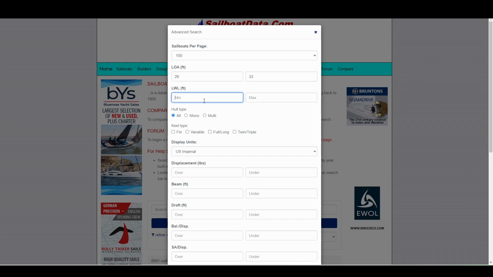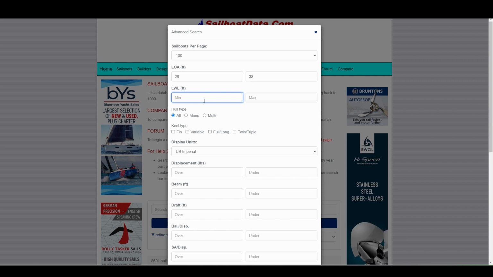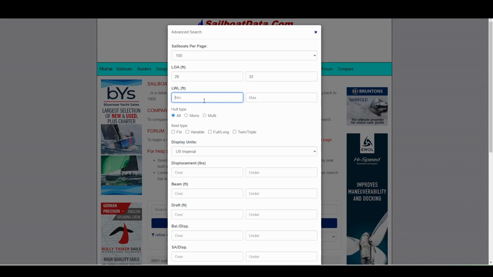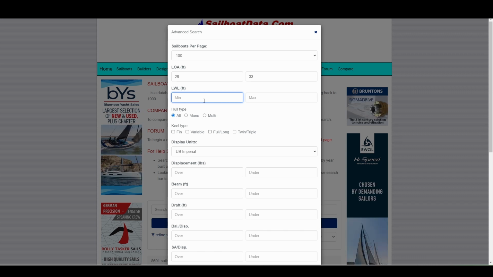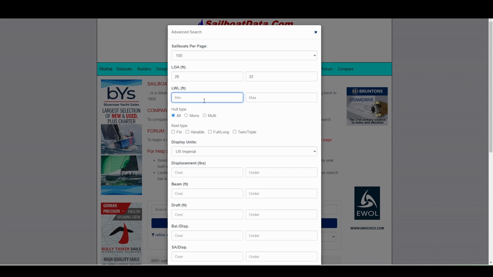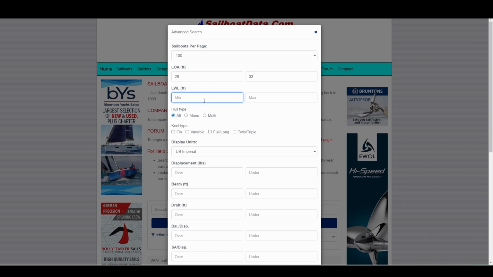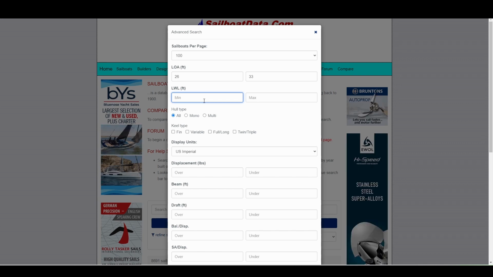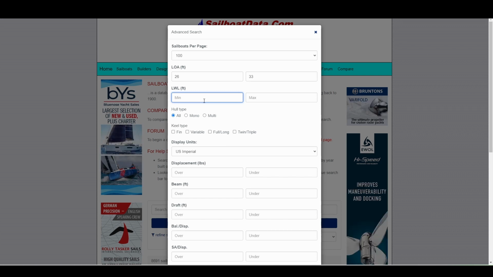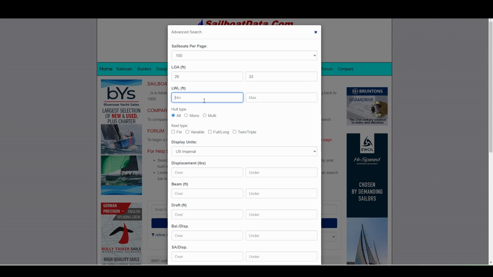And modern boats that are more designed to be comfortable in marinas and at anchor tend to keep the waterline length as close to the length overall as possible. It's a difference, and it comes into play with the speed of the boat as well, because there is a wave function that determines the hull speed, and this is derived from the waterline length.